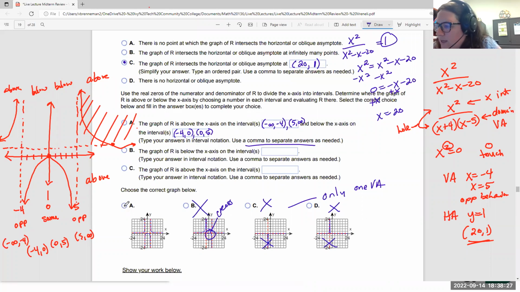So that narrows it down to A. That's the only graph that looks close to what I've sketched here. There are other pieces. Pretty much you should be able to check the asymptotes and the intercepts and the behavior at those, and that should be enough to figure out which graph is correct.